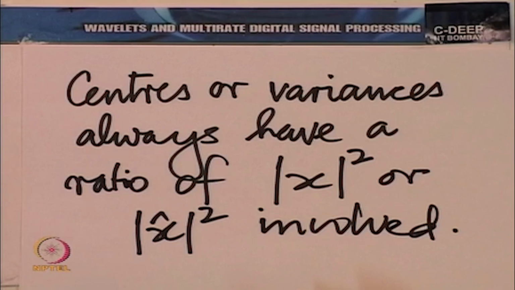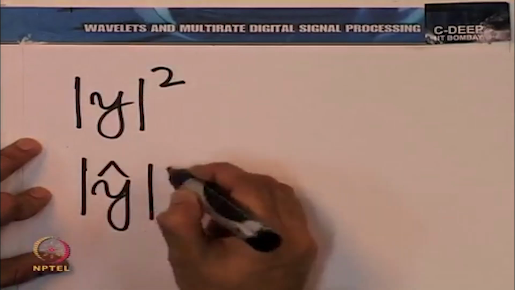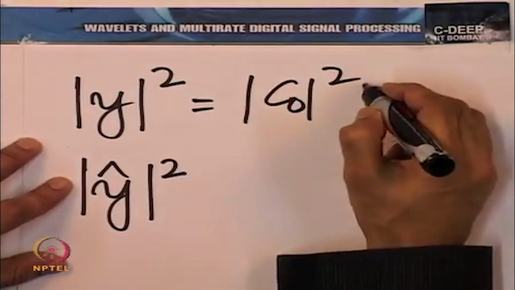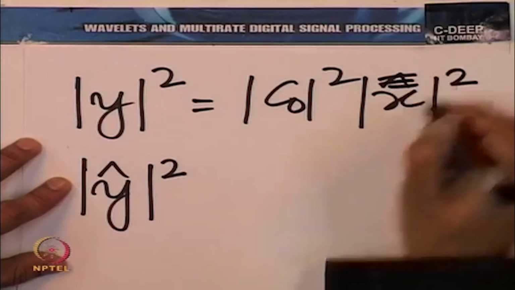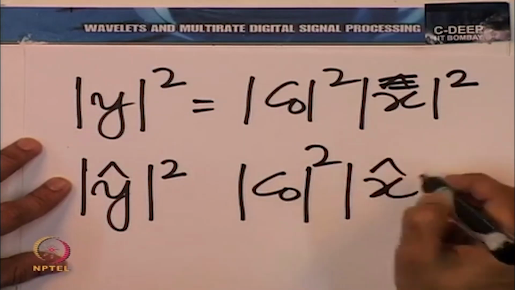Now, if y t is C 0 times x t, mod y squared, or for that matter mod y cap squared, is going to be mod C 0 squared times mod x squared. I am sorry, here it is just x. So, here too it is mod C 0 squared mod x cap squared.